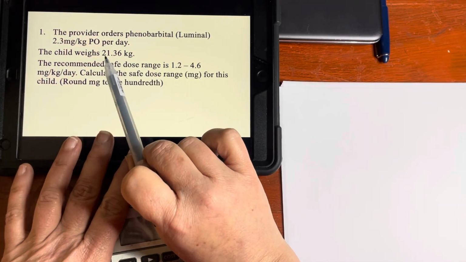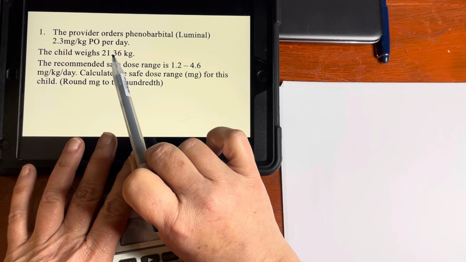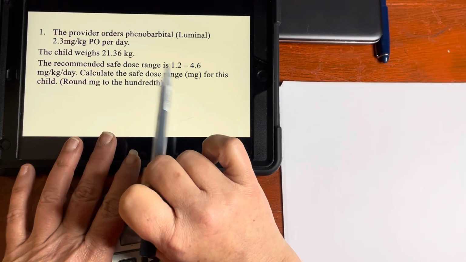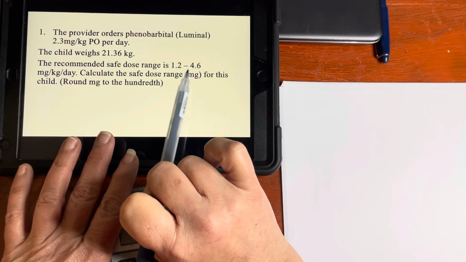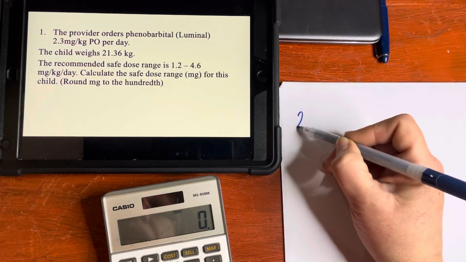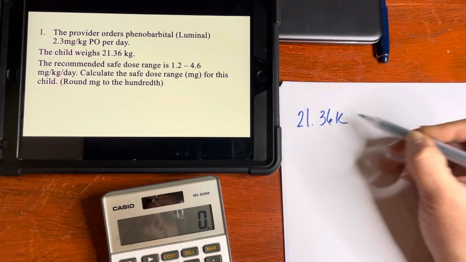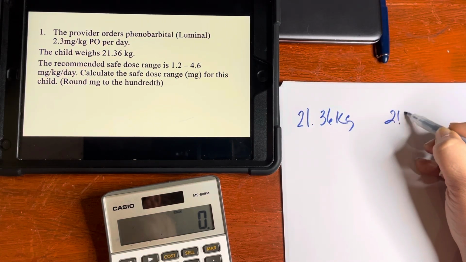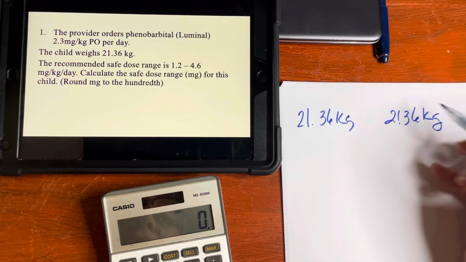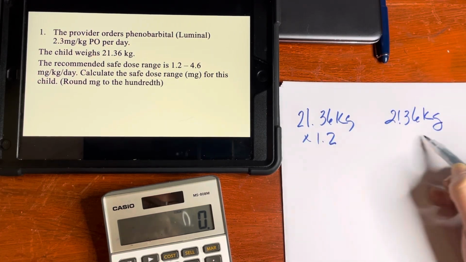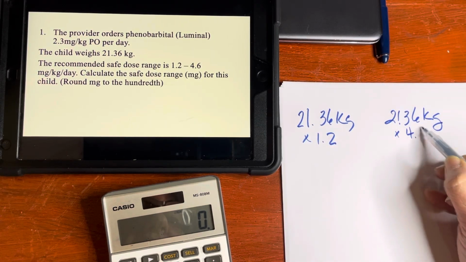So we take the kilograms, which they've so sweetly given us, times 1.2 and times 4.6. I'm going to write 21.36 kilograms, times 1.2 times 4.6.